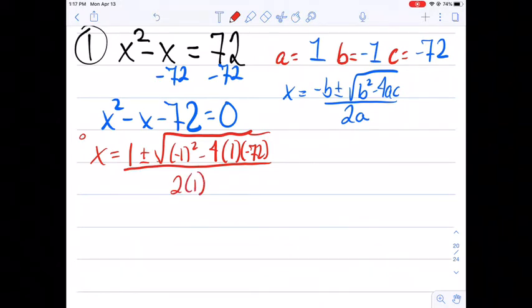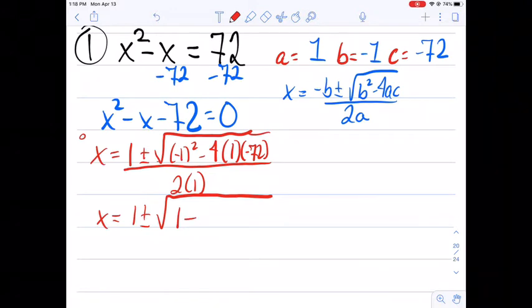A will not always be 1. It just happens to be 1 for the first 2 examples that we've done, so that's going to come into play later on. Now what we have to do is just start simplifying it. So we have x equals 1 plus or minus the square root of 1, that's -1 squared.